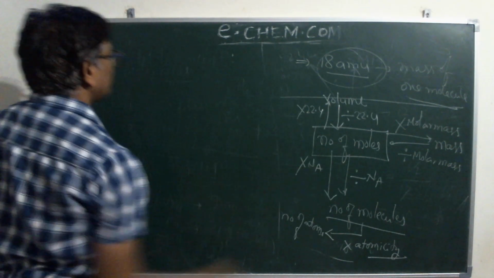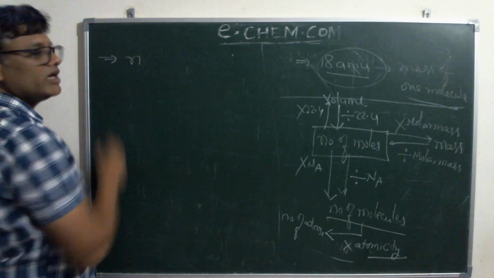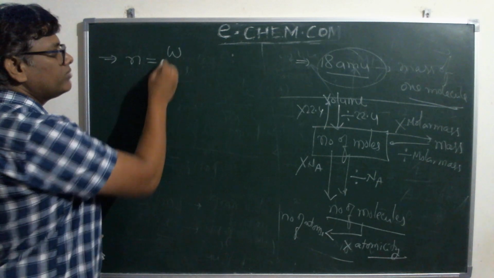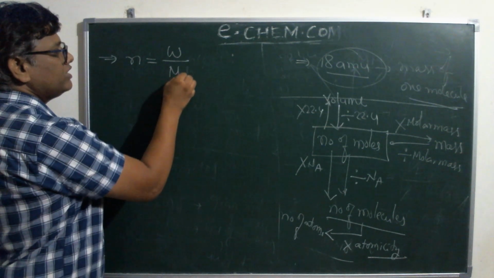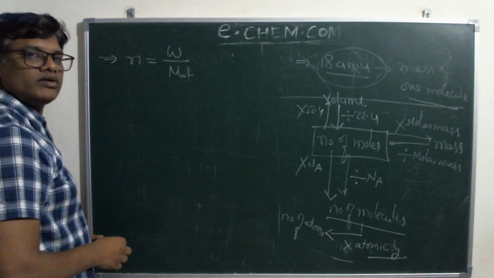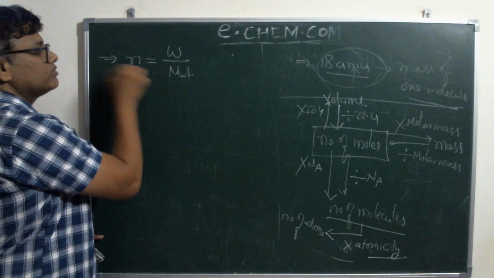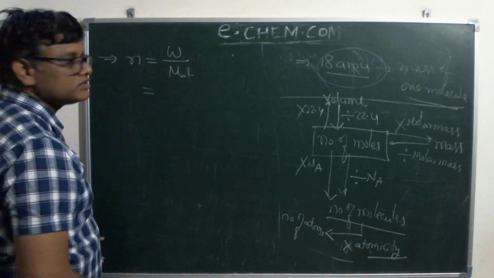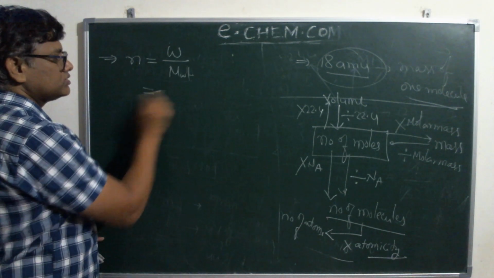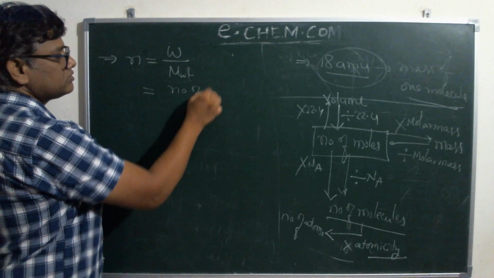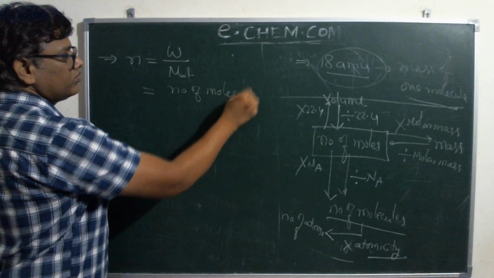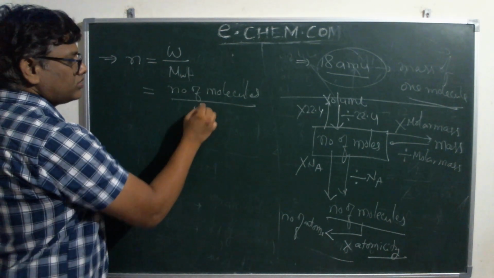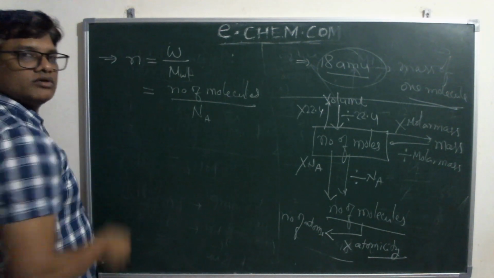Number of moles, denoted by small n, knowing the mass: the weight divided by the molecular weight of this particular compound. Weight by molecular weight is nothing but number of moles. If you know the number of molecules and want to convert into moles, the given number of molecules divided by Avogadro number, so that you can transform into moles.